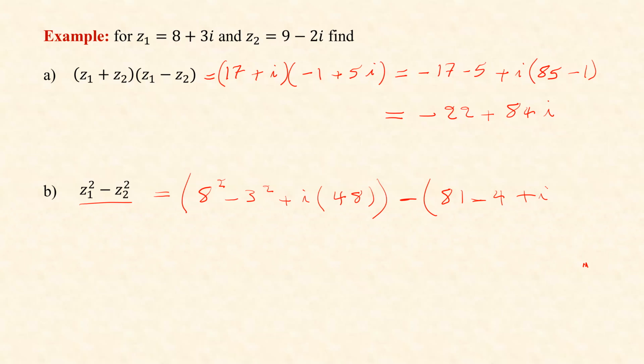So 2 times 18 is 36. So it becomes negative 86, 36i.